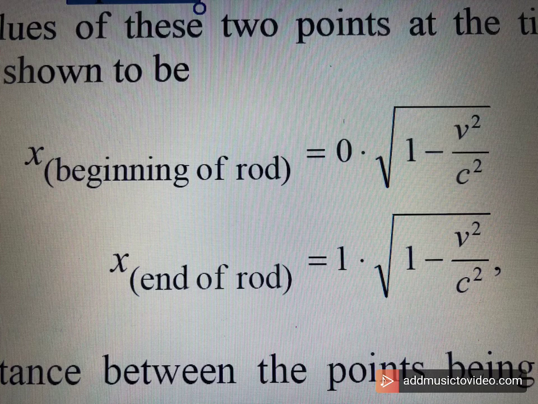If, on the contrary, we had considered a meter rod at rest in the x-axis with respect to K, then we should have found that the length of the rod, as judged from K prime, would have been square root of 1 minus v squared over c squared.